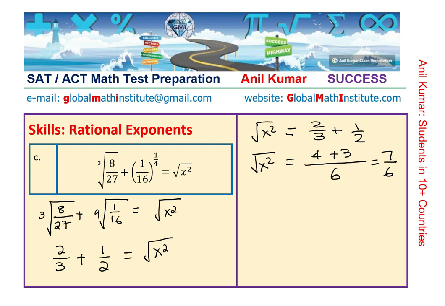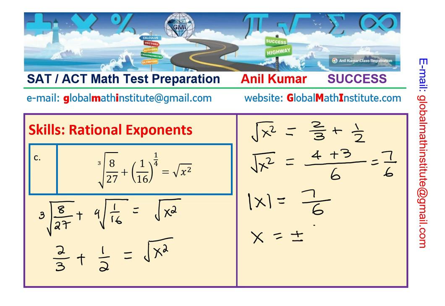Now remember one thing, square root of x square is not x. Square root of x square is absolute value of x, and therefore, x is equal to plus or minus 7 over 6. So it is not just 7 over 6, it is plus or minus 7 over 6.